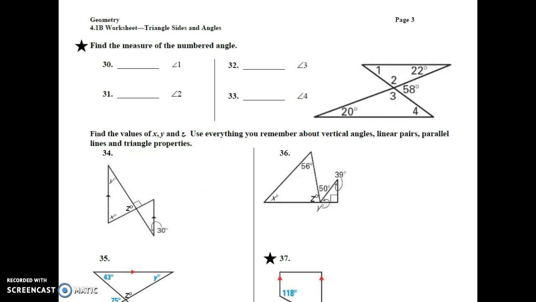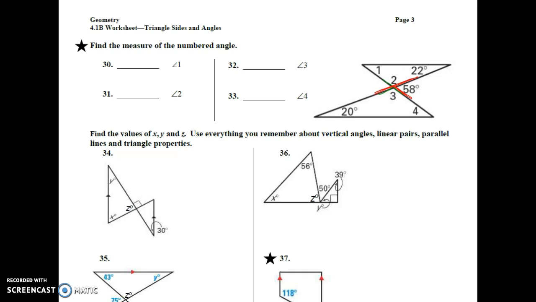Like the last problem, you're going to be doing a little bit bigger problem. I'm not going to do the whole problem for you, but what I want you to notice is that you have, again, vertical angles. These two angles point at each other, 2 and 3 vertical angles. Once you find one, you will know the other. The other thing that you want to remember is that you have a linear pair. The 58 and the angle 3 are next to each other on a straight line.